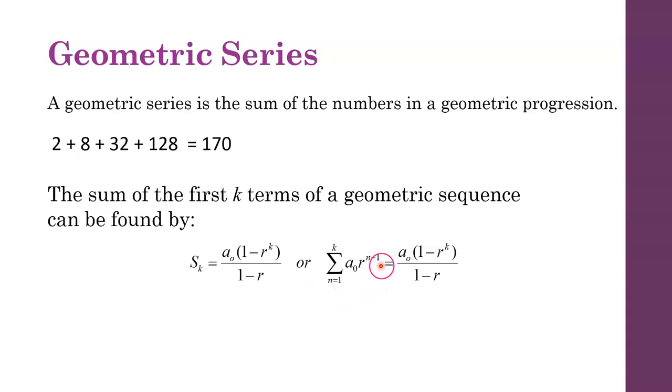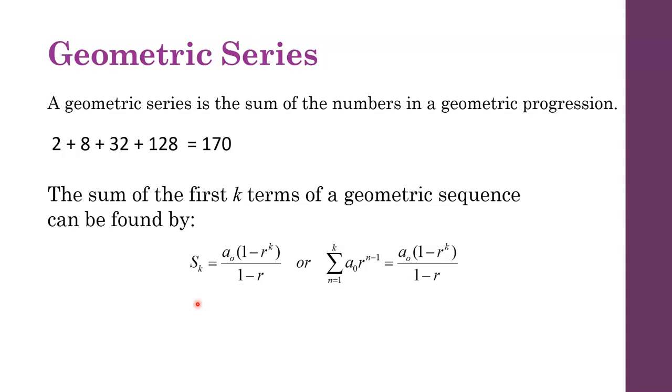Or if we adopt the summation notation, the sigma notation, recall that the sigma means add, and I start with n equals 1 and add it all the way to the kth term. That's the same formula, right? So just different notation for writing s sub k.